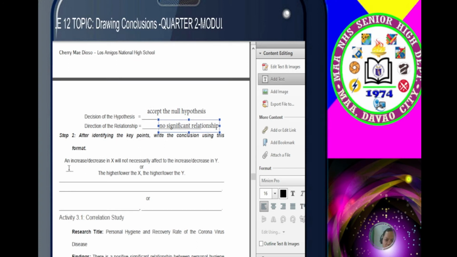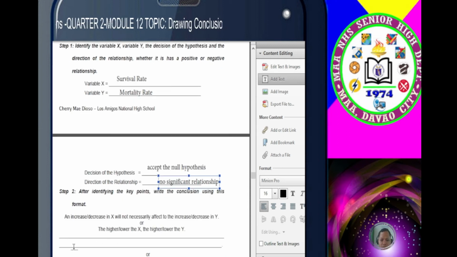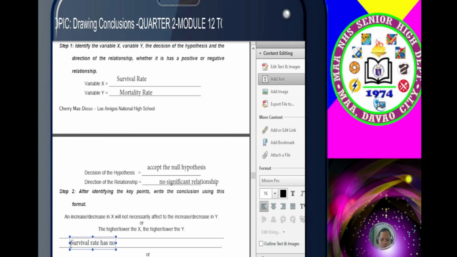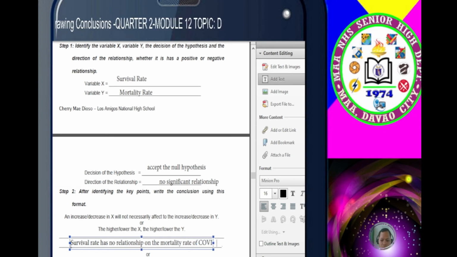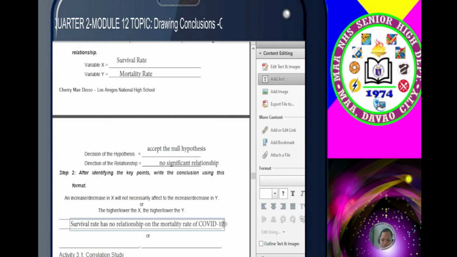We have here this pattern: an increase or decrease in x will not affect y. You can write this in a term. So survival rate has no relationship on the mortality rate of COVID-19, let's have that disease.